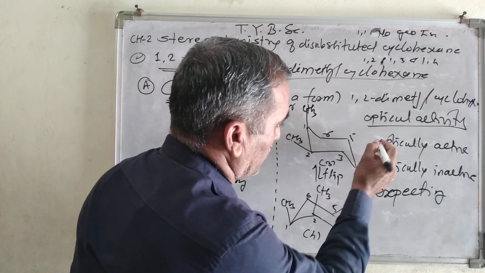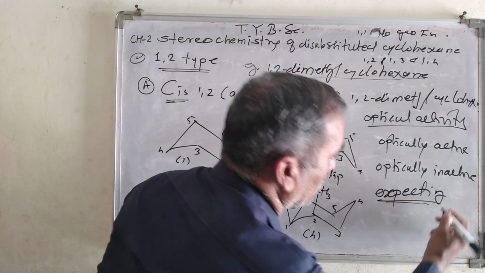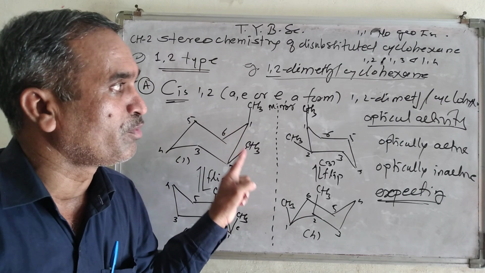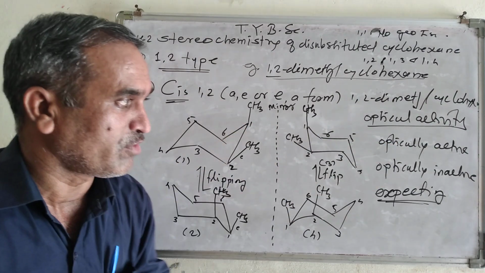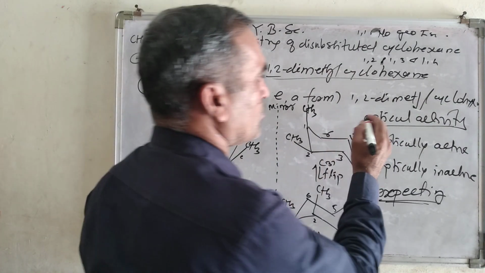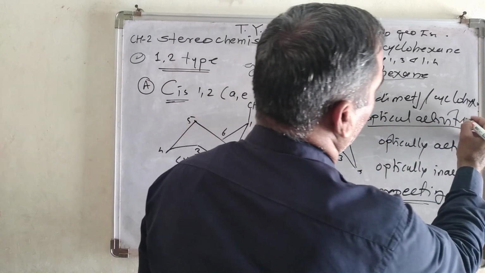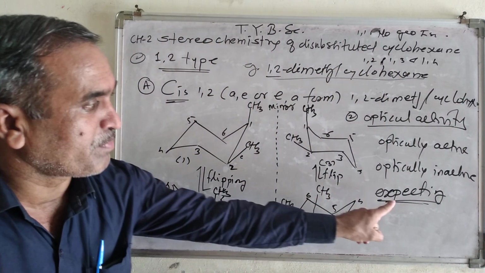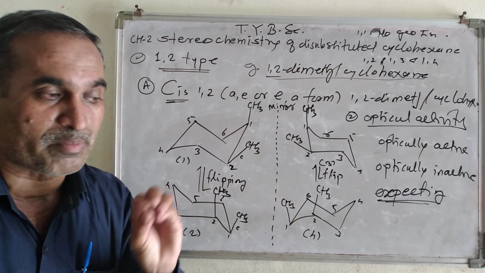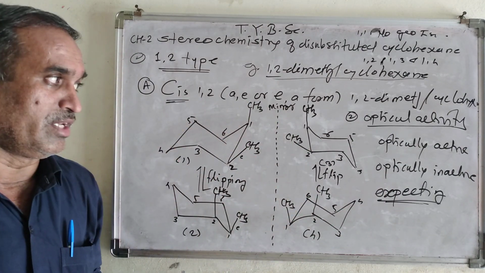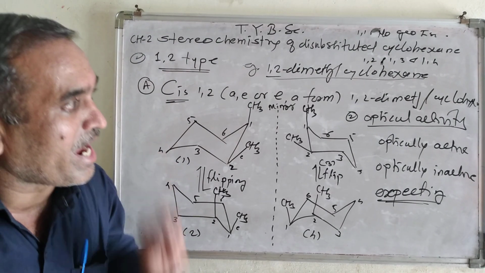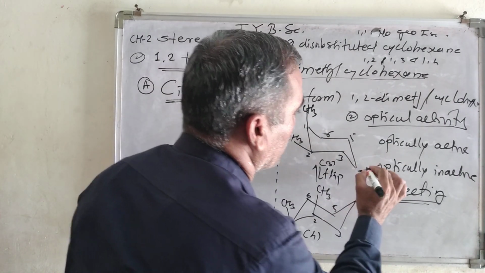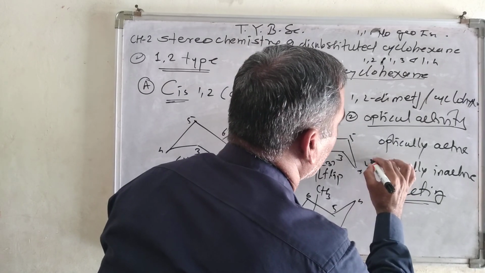Now I am expecting, remember the word expecting. Expecting means they should be optically active in nature. We are talking about the second point, optical activity or optical isomerism. They must be optically active in nature, but these compounds are optically inactive in nature.